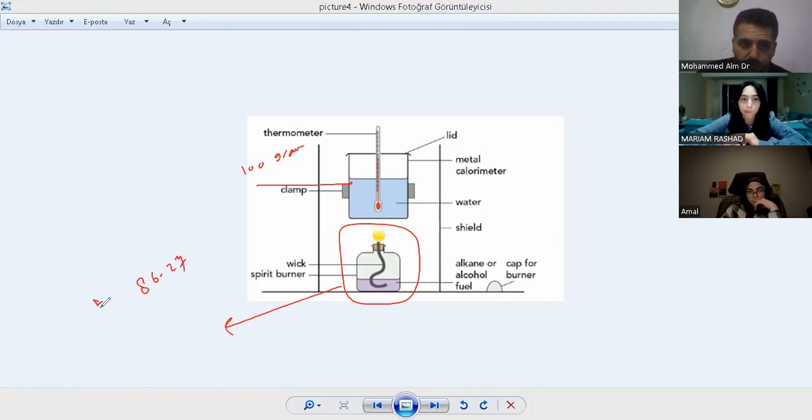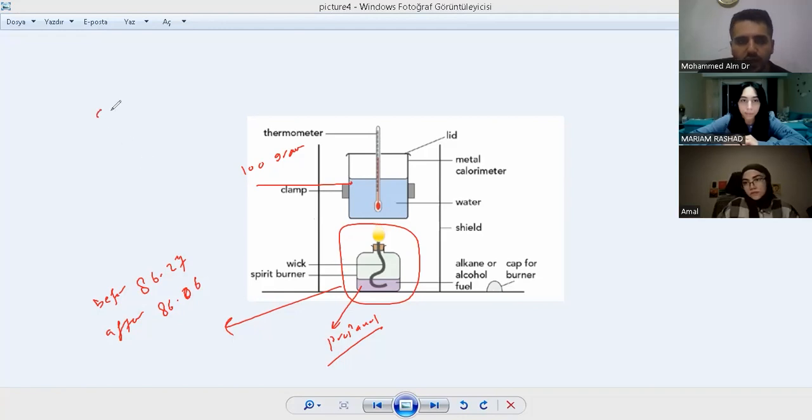After using it, we get 0.06. The substance we used here, let me say propanol. And the temperature rises from 20.2 to 30.9. Okay, guys, this is the rise in temperature.